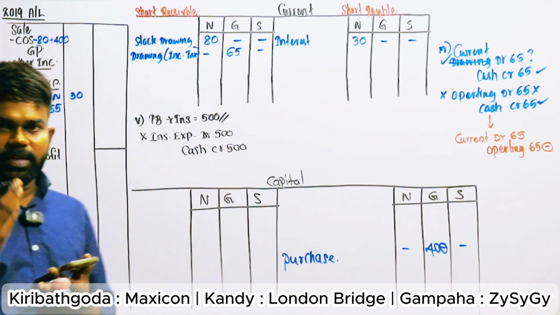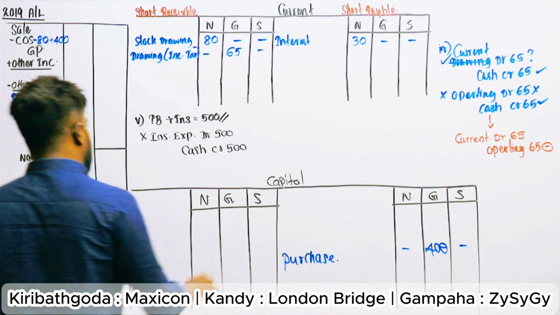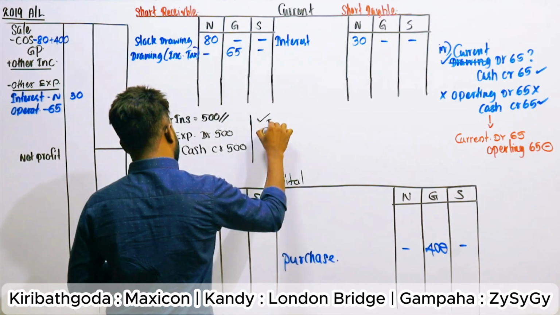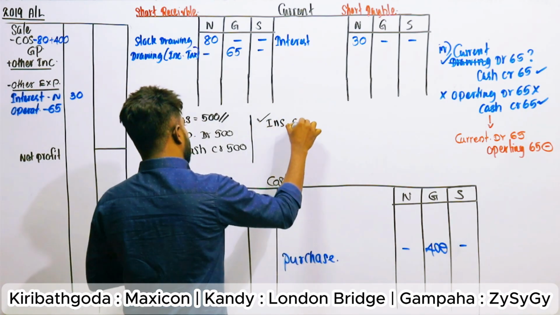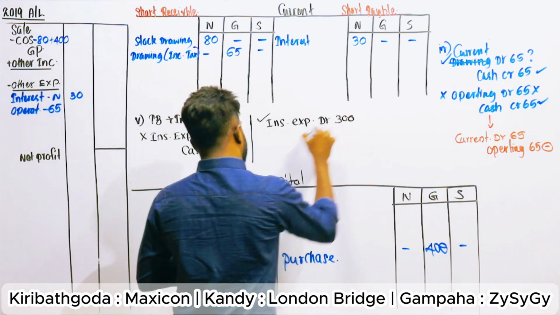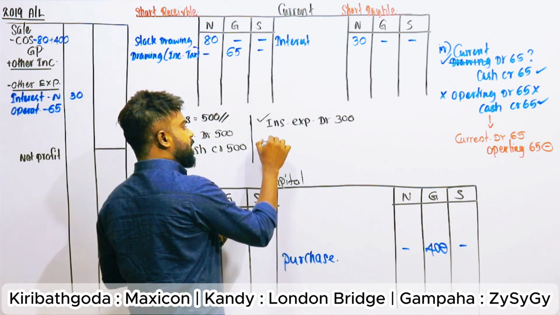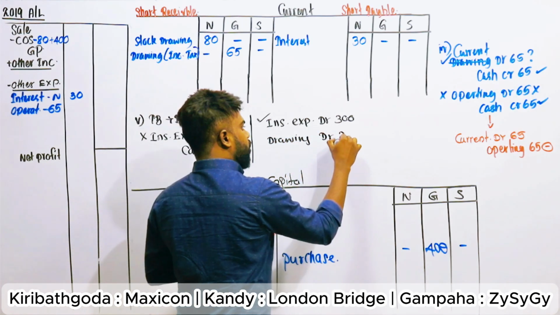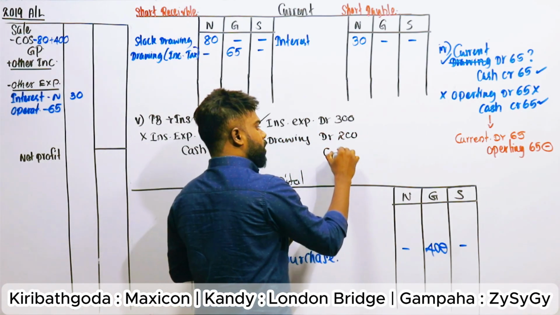Total amount recognized as an insurance expense. But what's the correct one? The correct insurance expense should be the supermarket insurance amount, 300. Next one, Nadi's insurance, that is drawings, 200, cash credit.